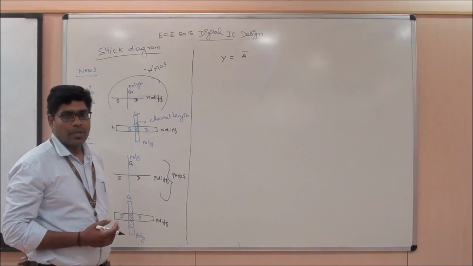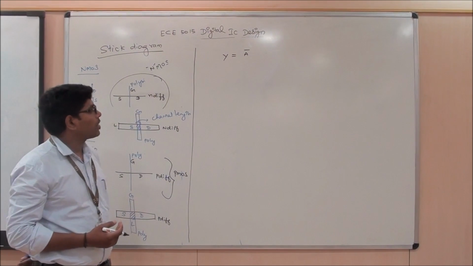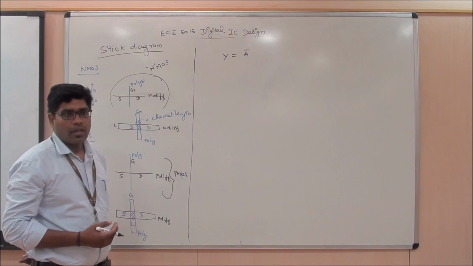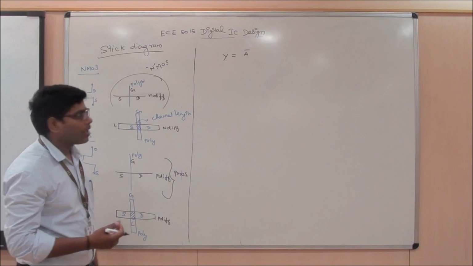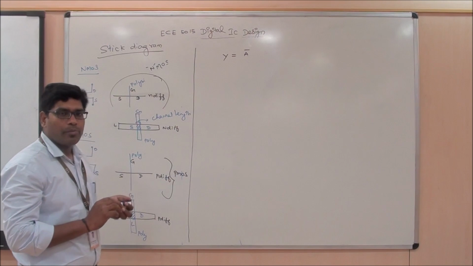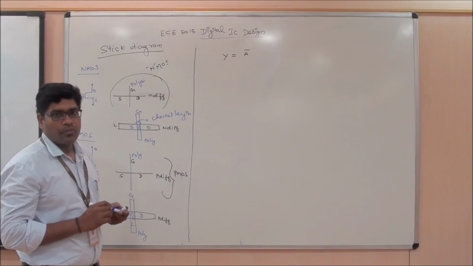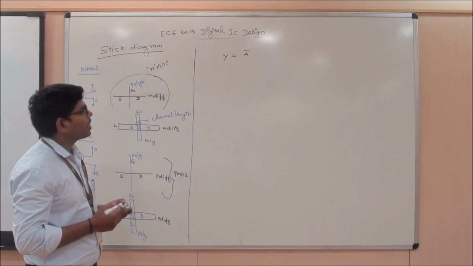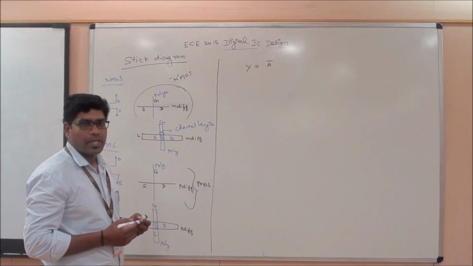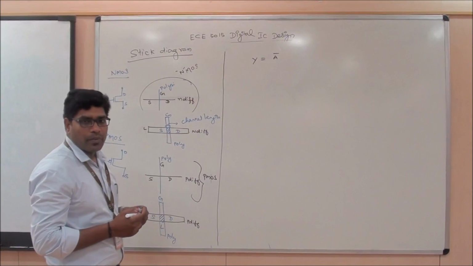To do this, I can make a schematic diagram or a CMOS diagram for the same. We have already seen how to make a CMOS circuit for a Boolean function. Here the function is very simple, where you have only one variable.